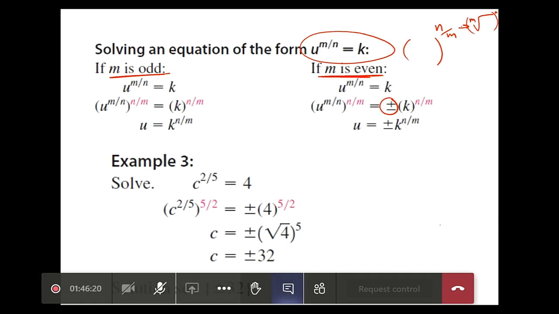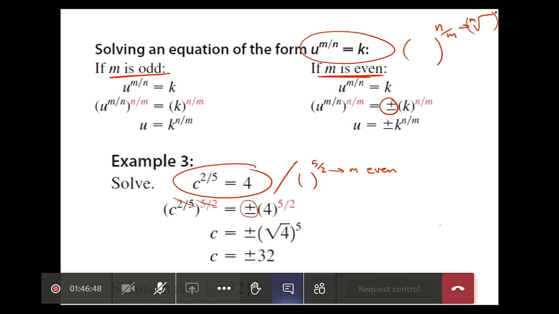Now, for example, we have this one. We must take 5 over 2 for both sides, the reciprocal: here 2 over 5, we take 5 over 2. But here the m is even, so we must put positive negative.